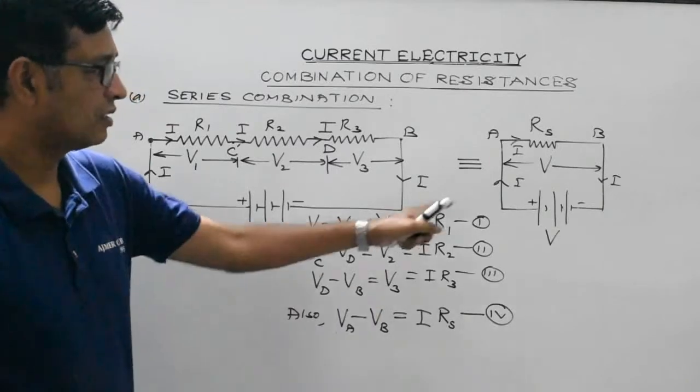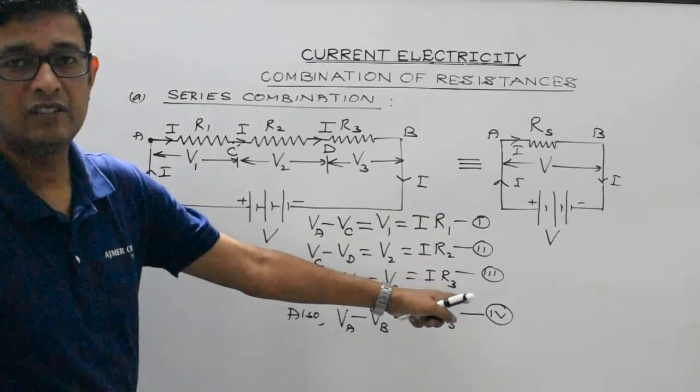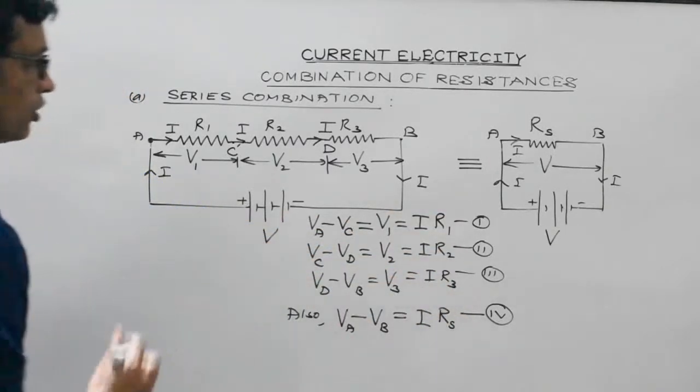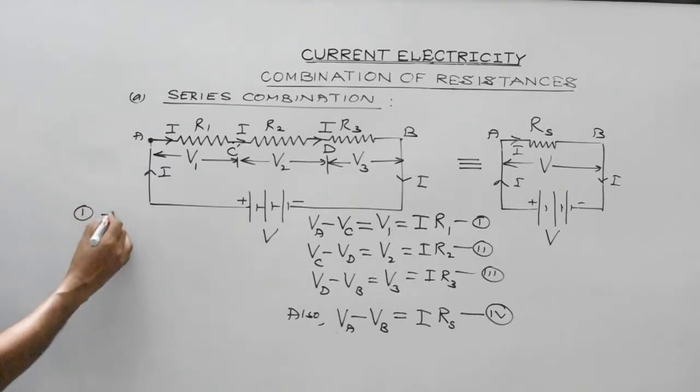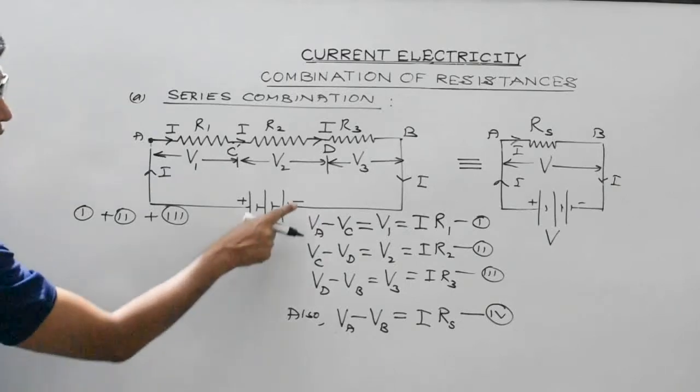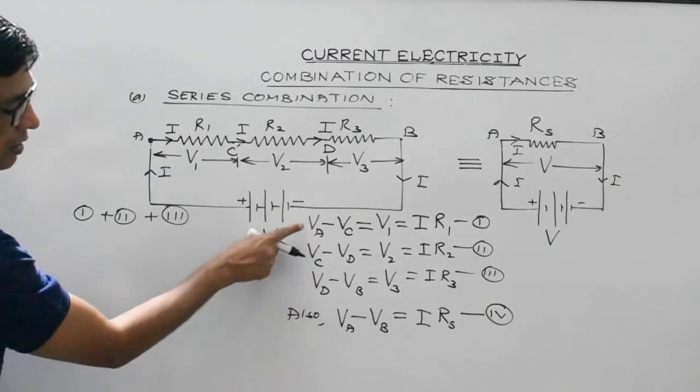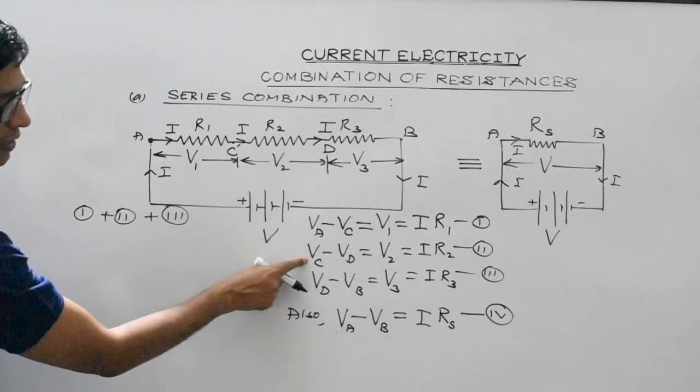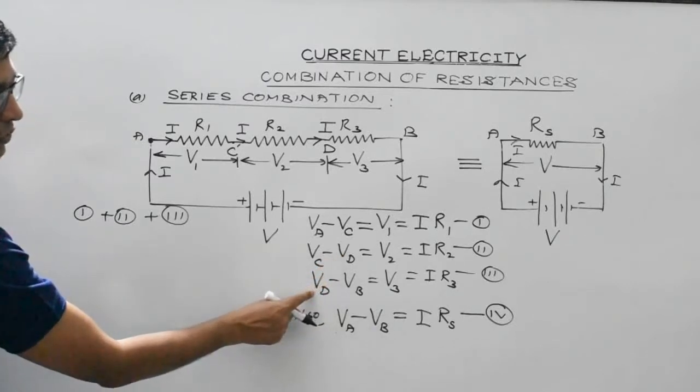Now what we will do is, adding 1, 2 and 3, we will get a very important result. When we add these 3, minus VC plus VC will get cancelled, minus VD plus VD will get cancelled.